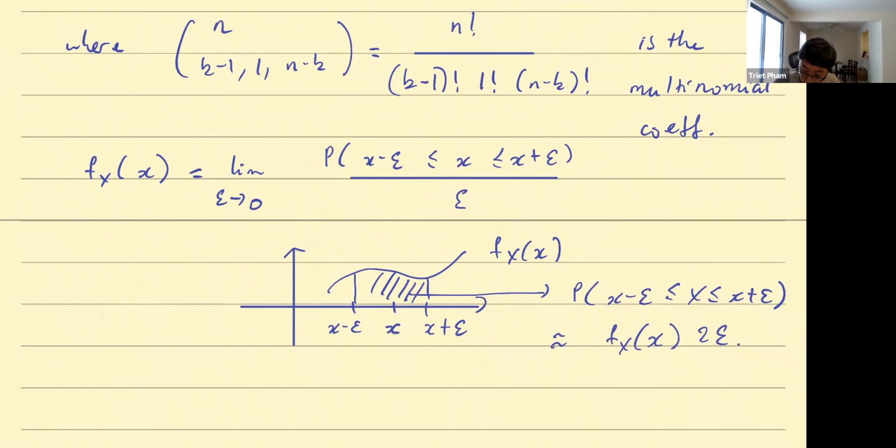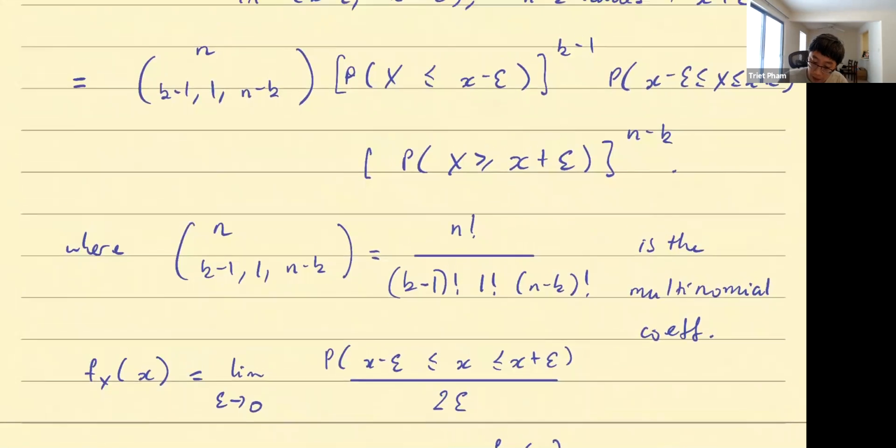Oh, my bad. You need to divide by 2 epsilon because the width is 2 epsilon. But the point is, if you take this area, divide by 2 epsilon, and you squeeze epsilon to 0, then the value will be converging to the density value at x.